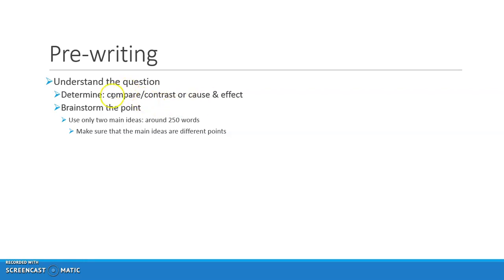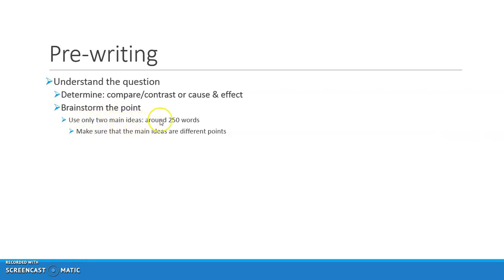Once you determine which one is which, then you have to brainstorm the points. Here you can list down as many points as you want that you deem suitable for the topic, but it is important for you to only use 2 main ideas.